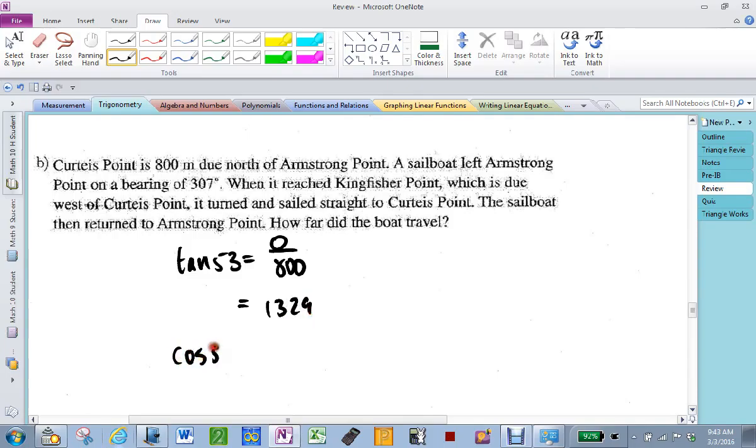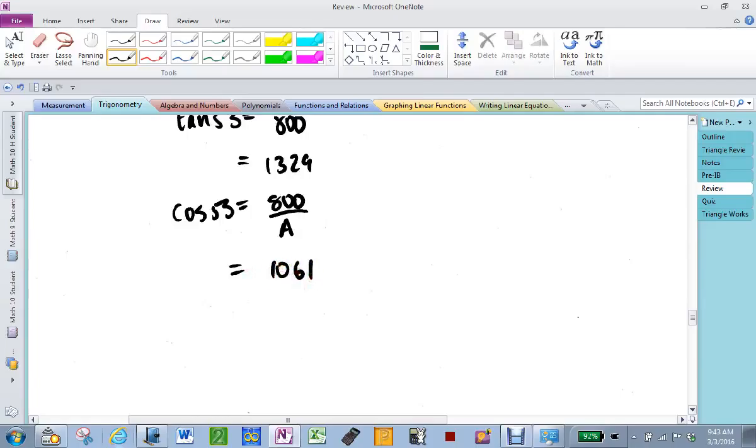And cos 53 was 800 over adjacent, which I got to be 1061. Look about right? And then add it all up, I get it to be 3,191-ish. Everyone cool?